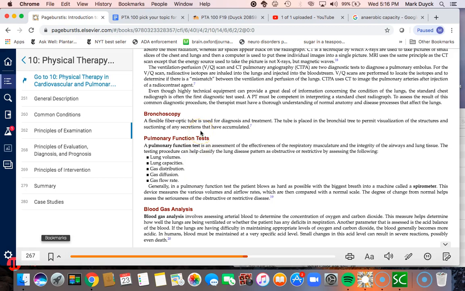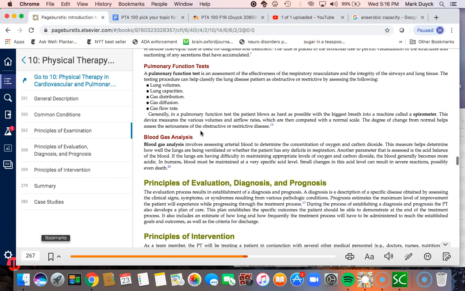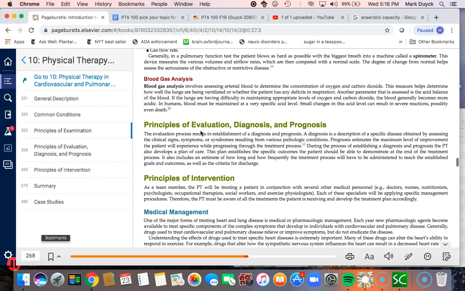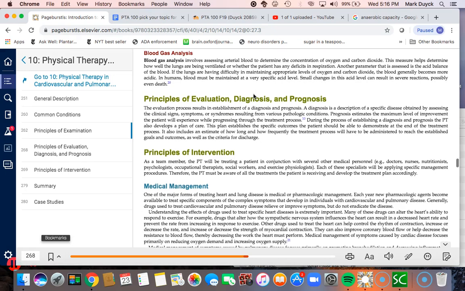It's important to know what a bronchoscope is, as it's used to remove secretions from the lung. Blood gas analysis, I don't want you to split hairs about that, but it is used to test for the presence of oxygen and carbon dioxide in the system.